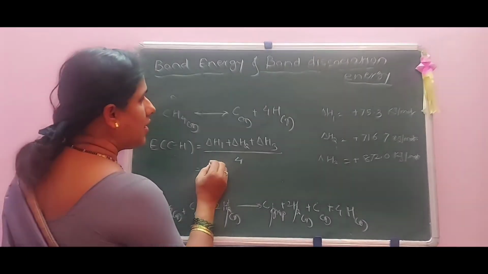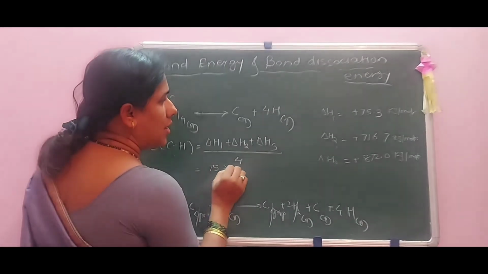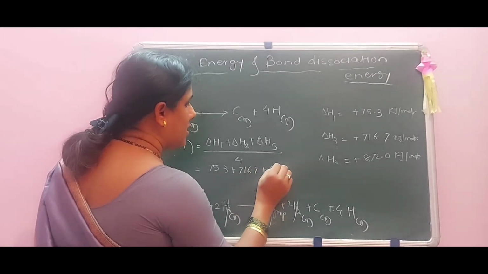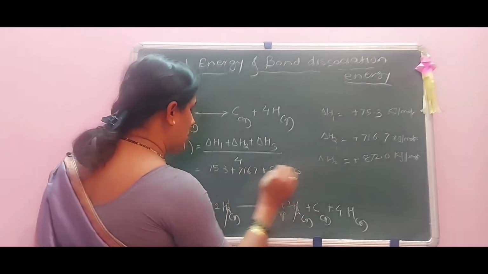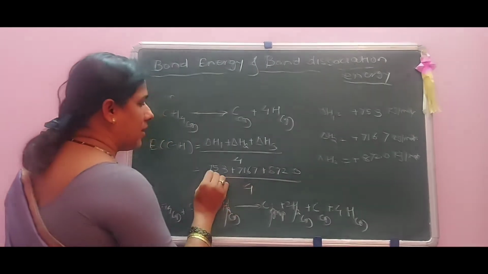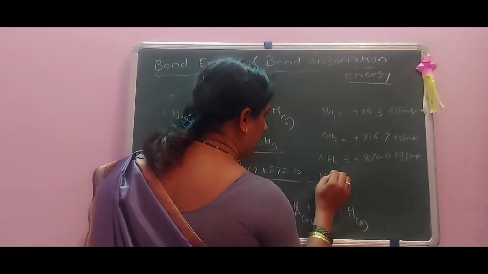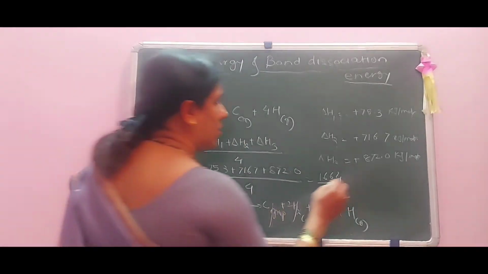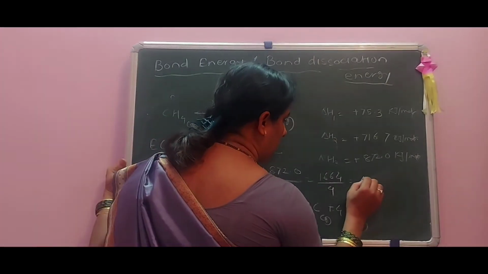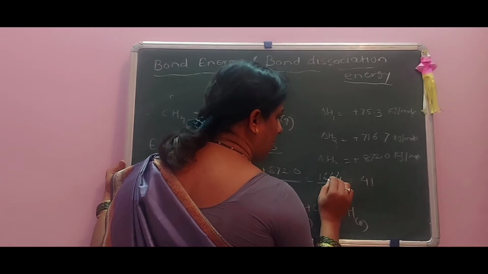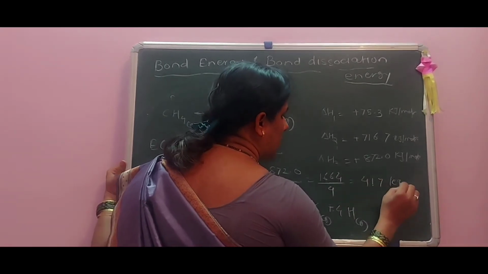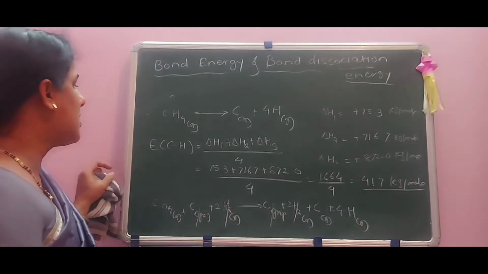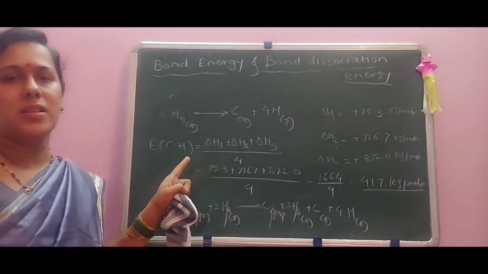That is 75.3 plus 716.7 plus 872.0 divided by 4, that is 1664 divided by 4. What is the answer here? That is 416 or 417 kilojoule per mole. This is the energy required for each CH bond.